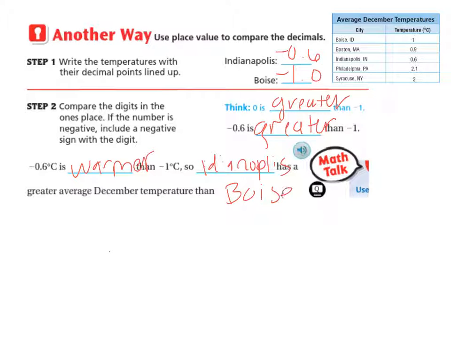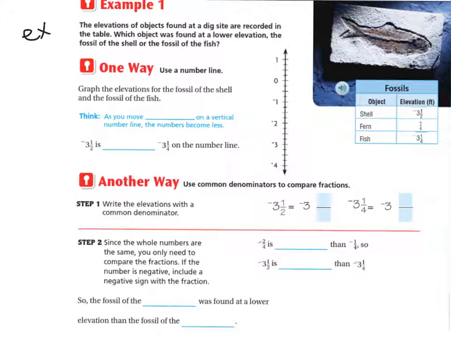I don't know why that got cut off, but there it is. So I just showed you two different ways to solve the same problem. The first one we used a number line. The second one we used place value. I want you to think about which way you prefer, and you can do whichever way you want, but there are multiple strategies to solve a problem.